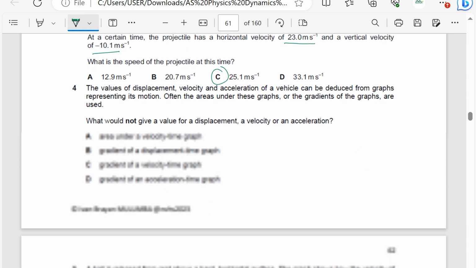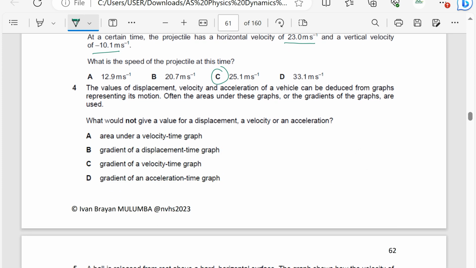The values of displacement, velocity, and acceleration of a vehicle can be deduced from graphs representing its motion. Often the areas under these graphs or the gradients of the graphs are used. What would not give a value for displacement, velocity, or acceleration? Remember, area under a velocity time graph gives us displacement.